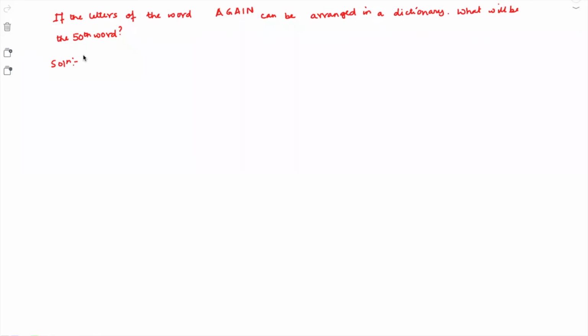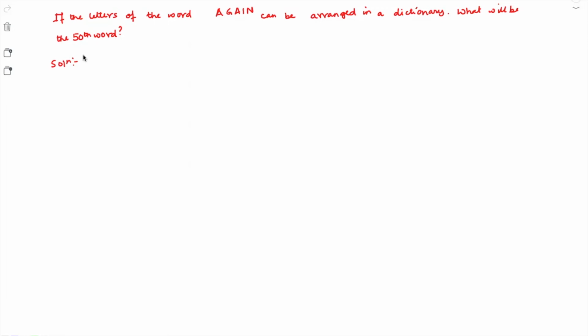Since it is about the arrangement of the letters of the word AGAIN, as per the dictionary, it does not have to make a precise meaning as per the sum. In a dictionary, every word has a meaning that you find, but according to the sum, the 50th word might not make a meaning. It is just its positioning. I hope I am clear.